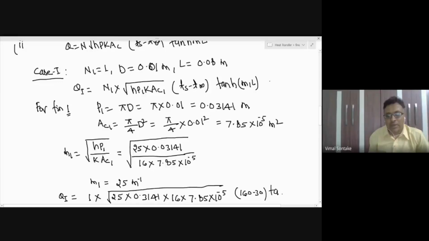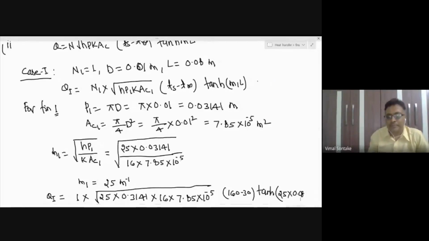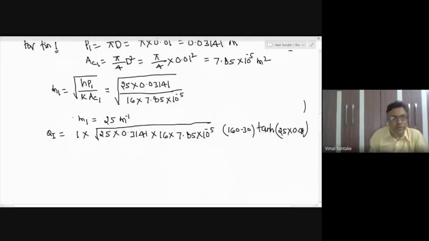Tanh of. The value of m1 is 25 and the value of L is 0.08. So the value of heat transfer rate in case 1 comes out, if I am correct, 3.935 watt.